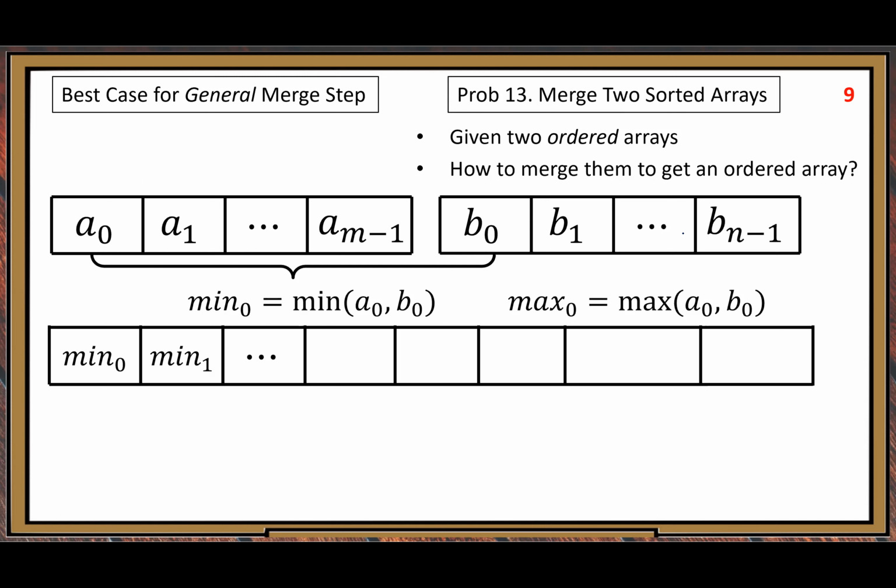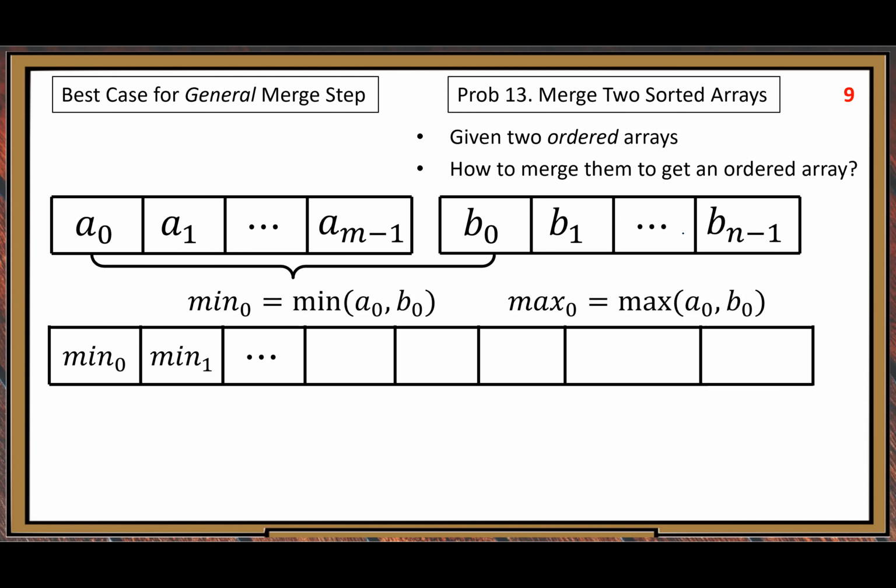One extremal case you can imagine is, think about if B0 is greater than all the elements in A subarray. That's possible, right? B0 is greater than the maximum, the last element in A subarray. If that happens, you only need to do comparison B0 with all the elements in A subarray.